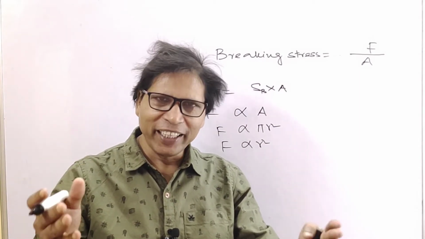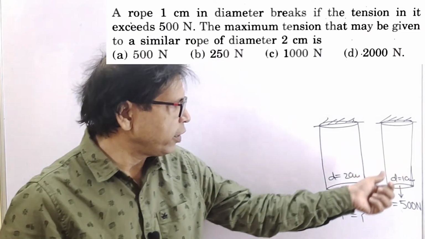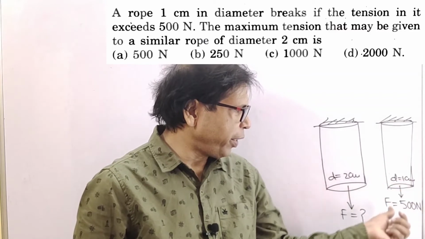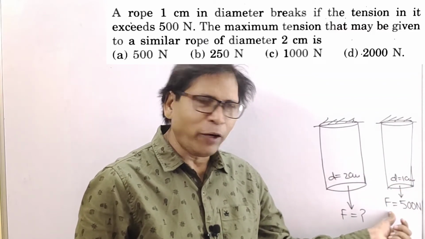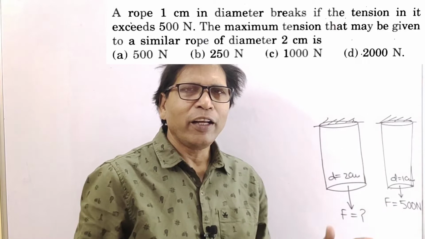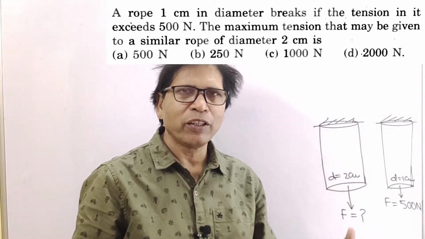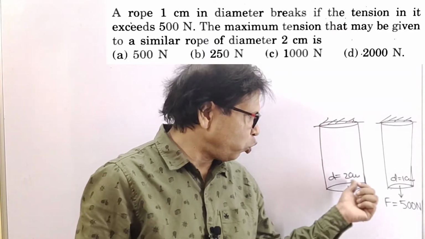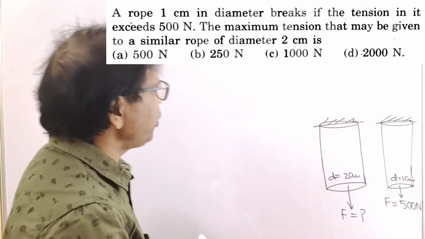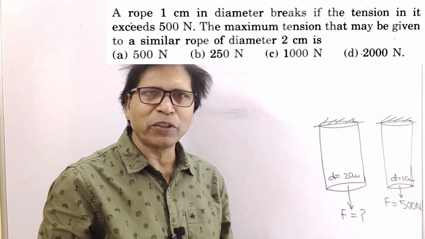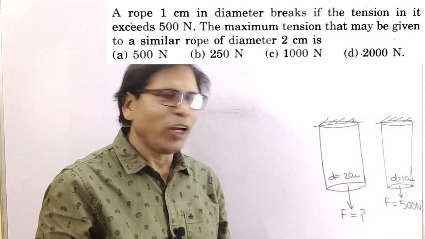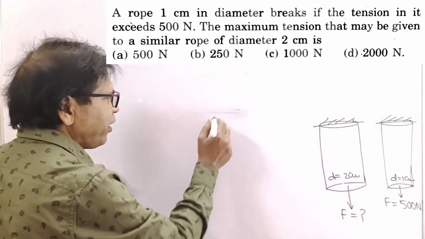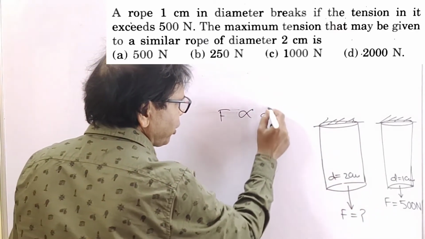Okay, now a numerical. A wire of diameter 1 centimeter breaks if force applied on it is 500 Newton. Now what is the breaking force of the same wire having diameter 2 centimeter? We know the breaking force is directly proportional to square of the diameter of the cross section. So F is proportional to D square.